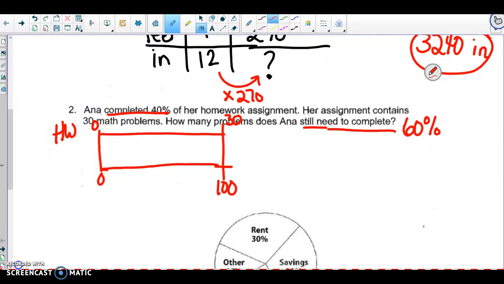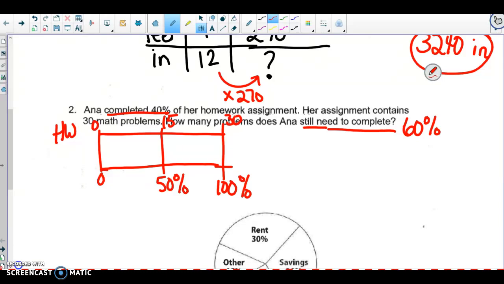Okay? So if I want to get to 60%, I can easily get to 50%. Easily get there because that would be half, and so half of 30 would be 15. But I got to get to 60%. So 60 is 10 more than 50.